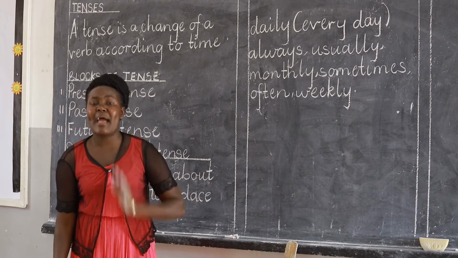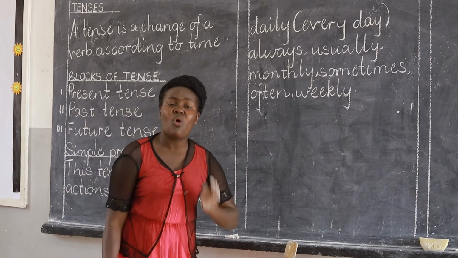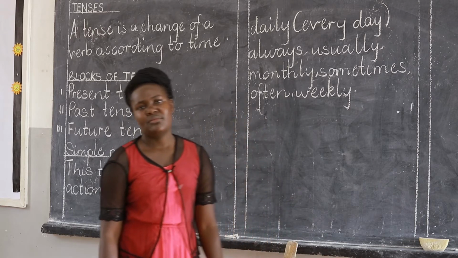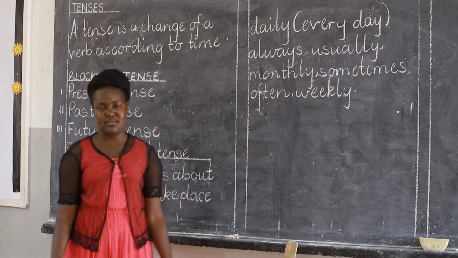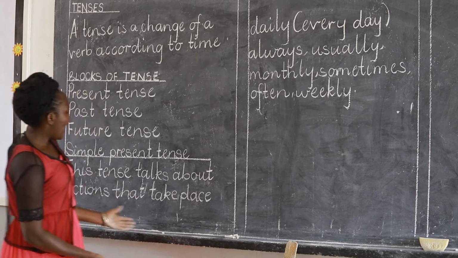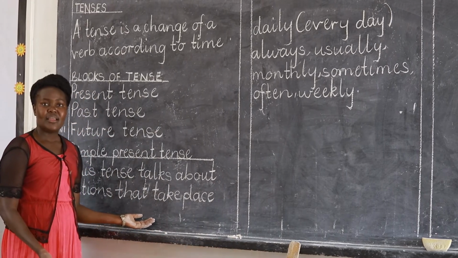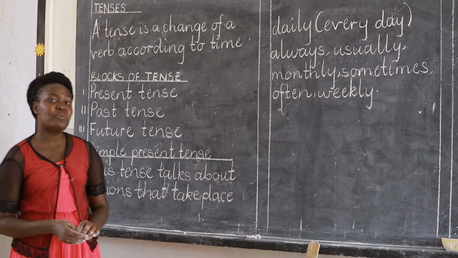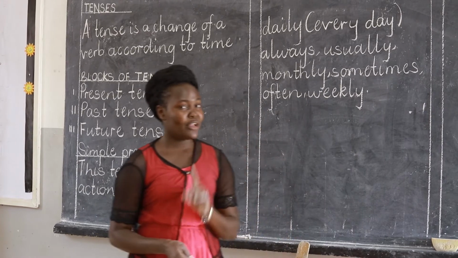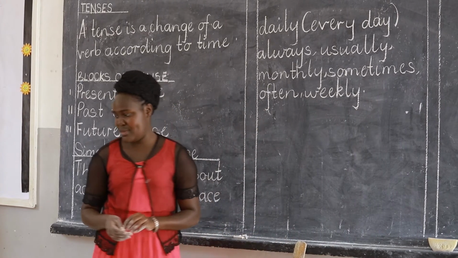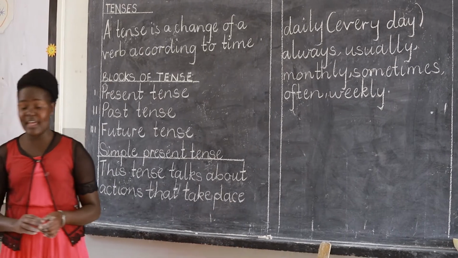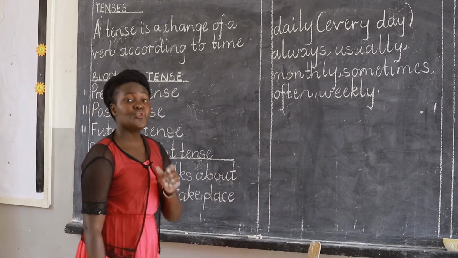Even today, there are people who were tasked or reminded of their work in their homes, what you are supposed to do. So, under this tense, there are certain things that we have to put into consideration. And I want you to listen to me clearly and very well. Trust me, at the end of the day, you'll be able to achieve.